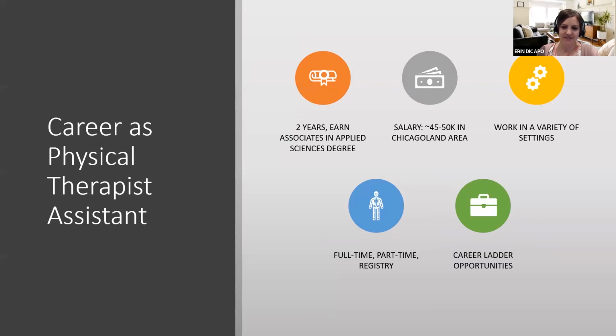That will obviously vary a lot in terms of where you work, part-time, full-time, what setting, but this is an average. We talked about all the settings, lots of opportunities for different types of positions, and then room for advancement.